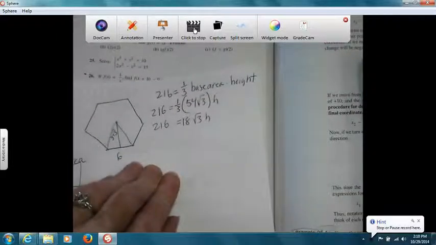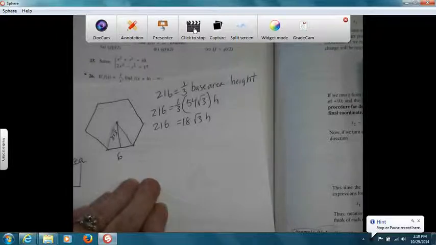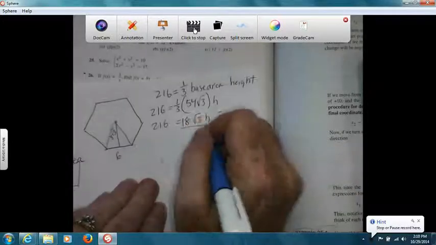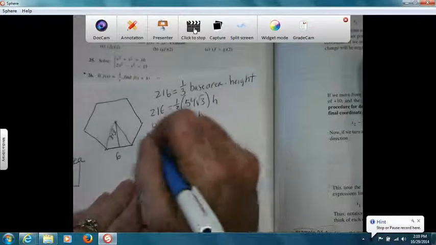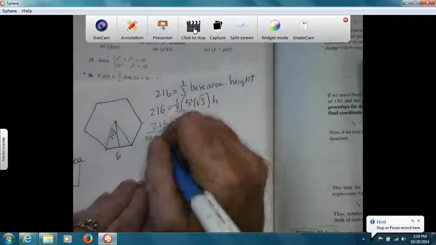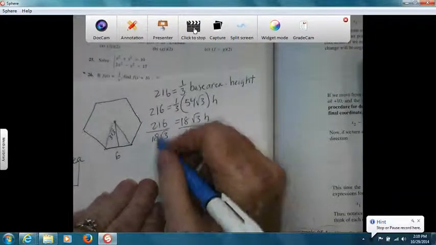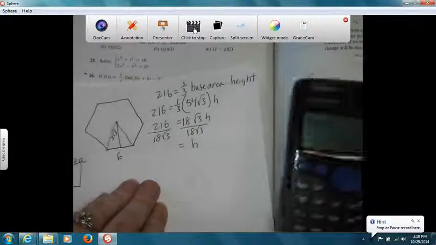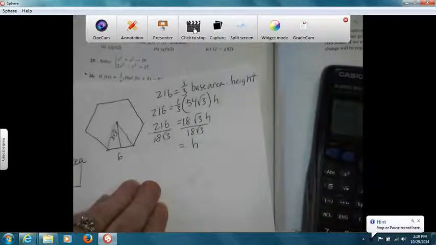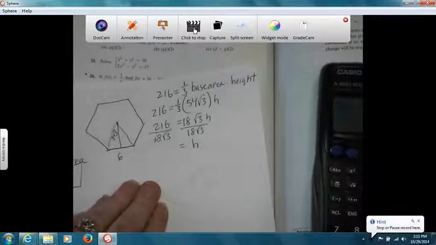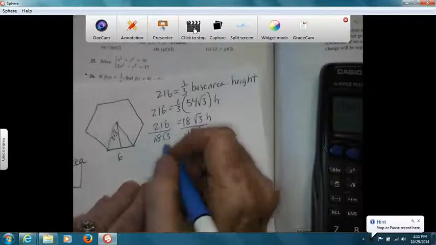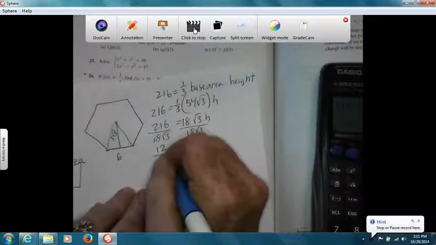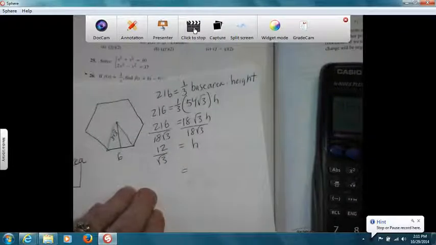Then I want to get h by itself, so divide by 18 root 3. That's going to give me 216 divided by 18, which is equal to 12. It's 12 over root 3, but I don't like to leave it like that. I like to rationalize my denominator.